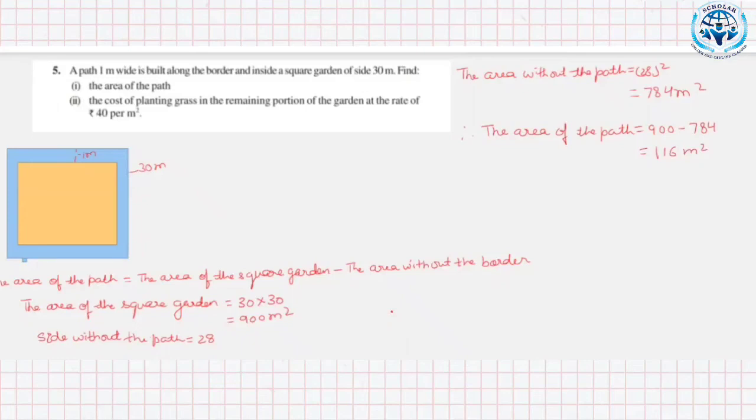Now the cost of planting grass in the remaining portion of the garden at the rate of rupees 40 per meter square.